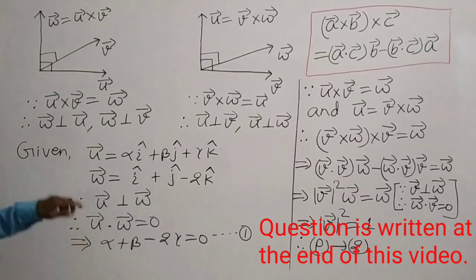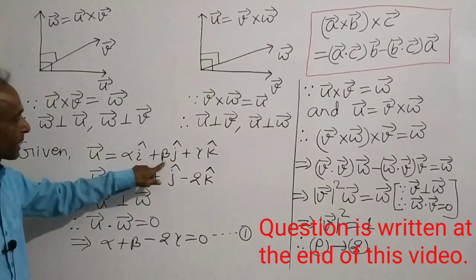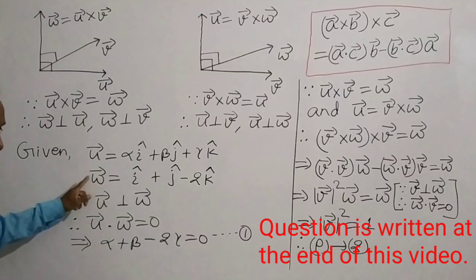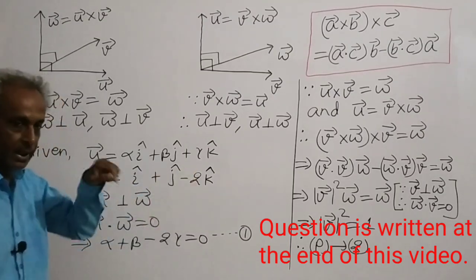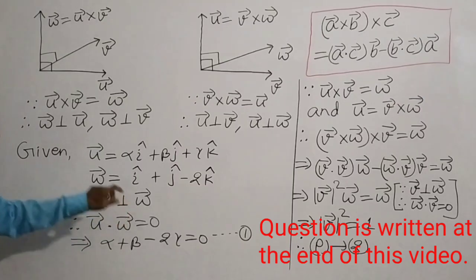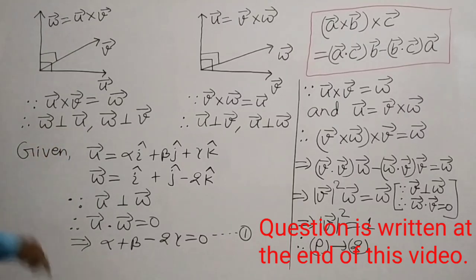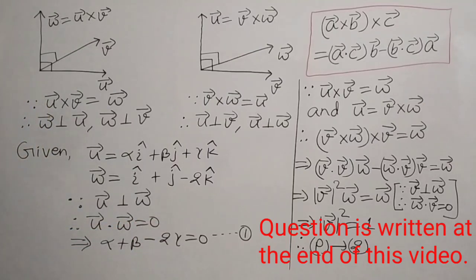It is also given in the question that vector U is equal to alpha i plus beta j plus gamma k and vector W is equal to i cap plus j cap minus 2k cap. Since U is perpendicular to W, U dot W will be equal to 0.